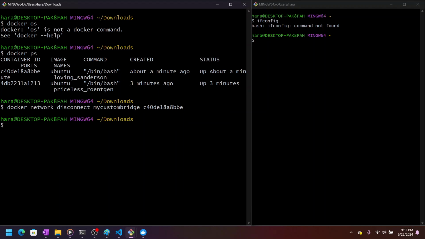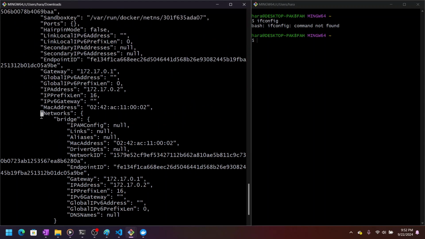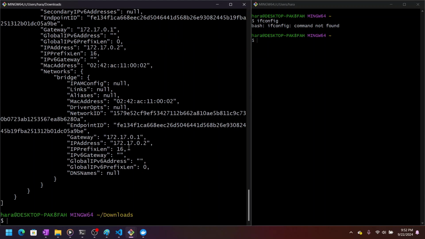Yeah, so you can see we have disconnected. Let's check it. Yeah, you can see that my custom bridge is gone and it has only the bridge, which is the default bridge which Docker provides. So these are the three drivers which we can use in Docker networking.